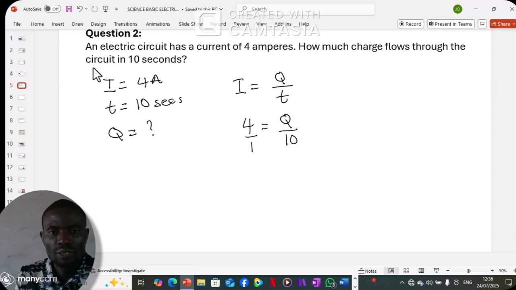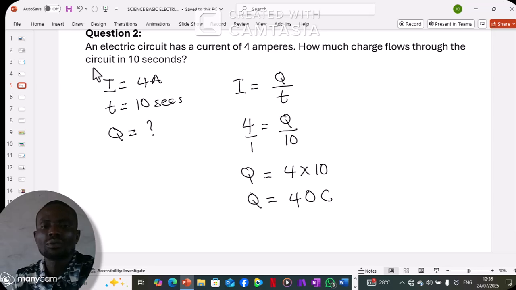When you cross multiply, Q equals 4 times 10, and Q equals 40. The unit is coulombs. 40 coulombs. It means 40 coulombs of electric charge will flow in 10 seconds if you are to have a current of 4 amperes.